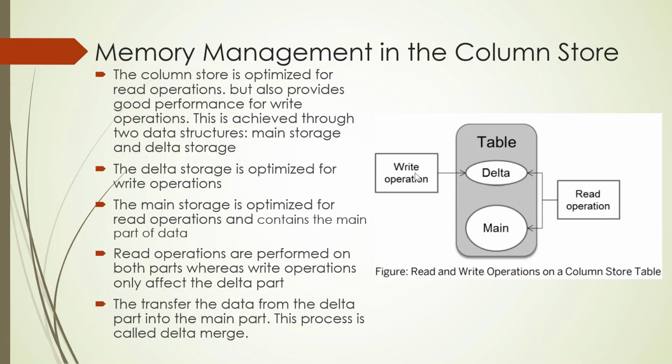Whatever read or write operation you perform in column stores, the delta storage is created, and all the write operations will go into the delta, and the delta contains a copy of your main.